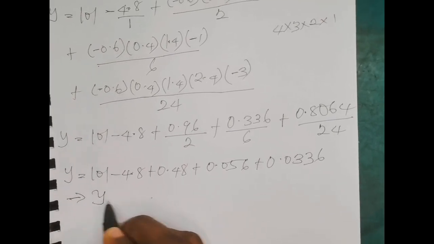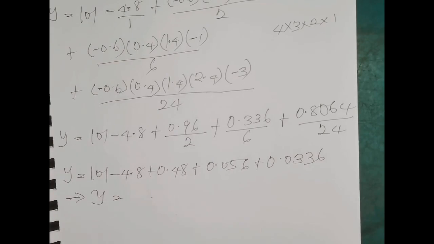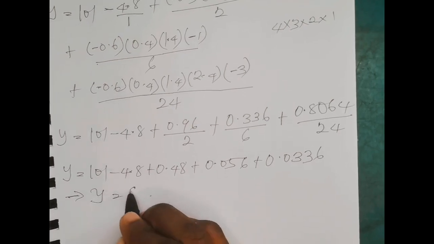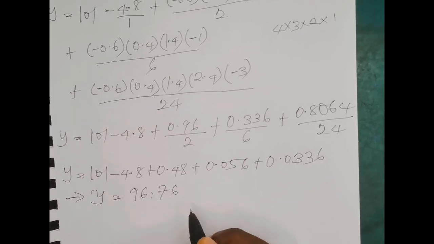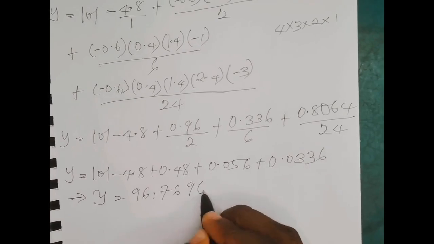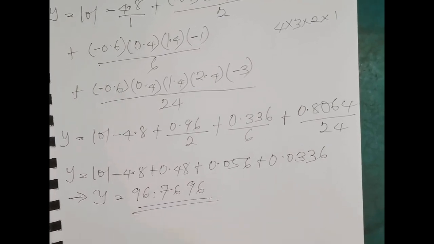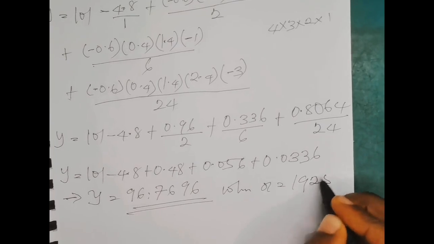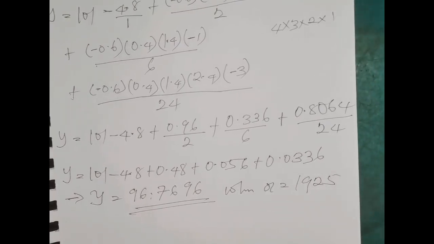This simply implies that the value of y is now going to be, so we have 101 minus 4.8 plus 0.48 plus 0.056 plus 0.0336, and this simply gives us 96.7696 approximately, and this is the value of y when x equals 1925, and that becomes your final answer.